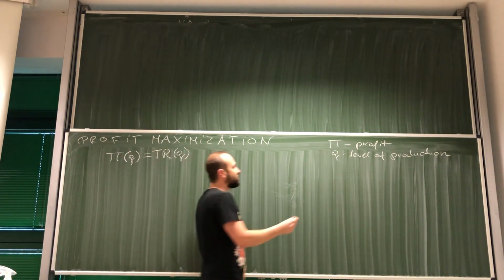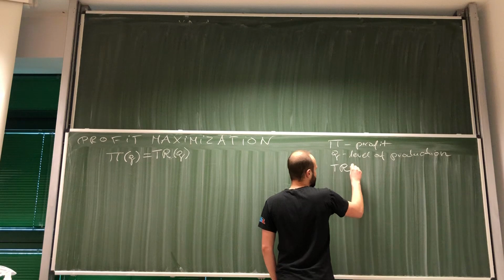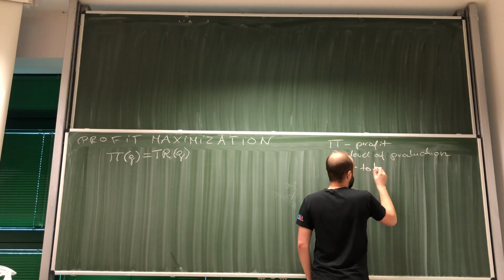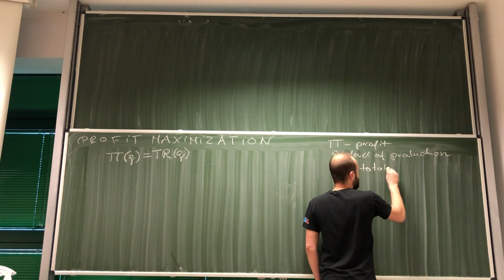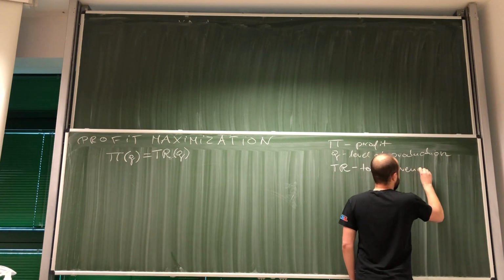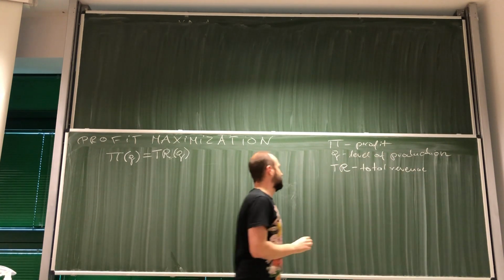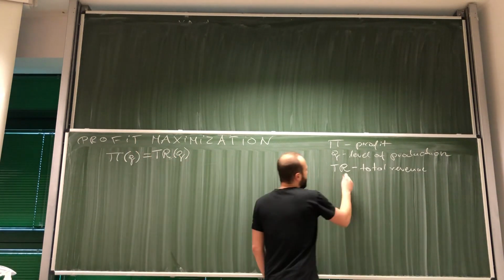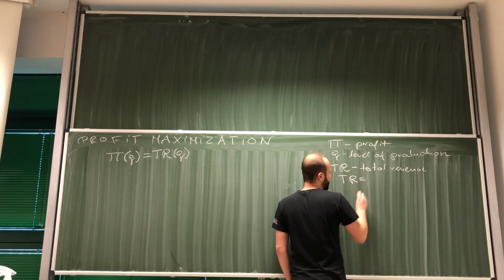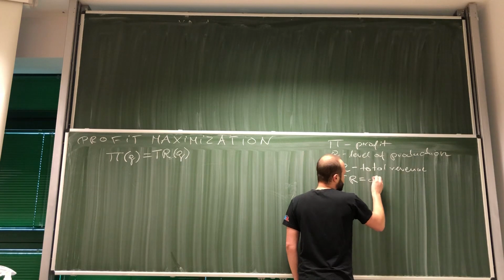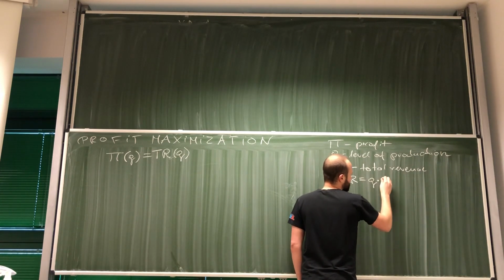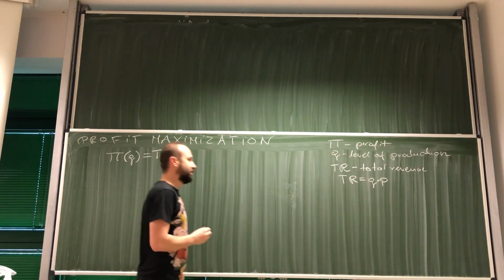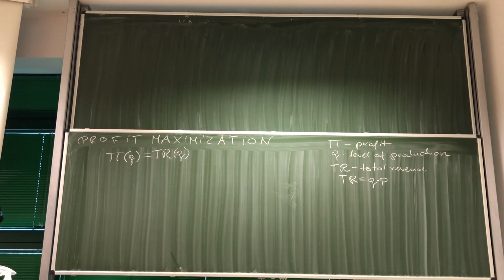So total revenue is denoted by TR. And please remember also that we can easily find total revenue because total revenue is nothing more than quantity sold times the price at which this quantity was sold.